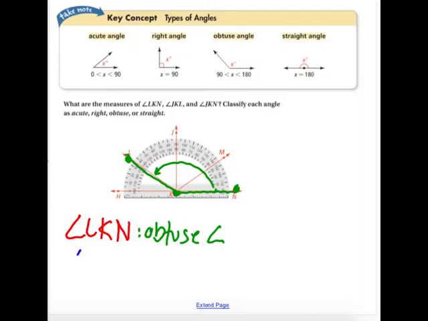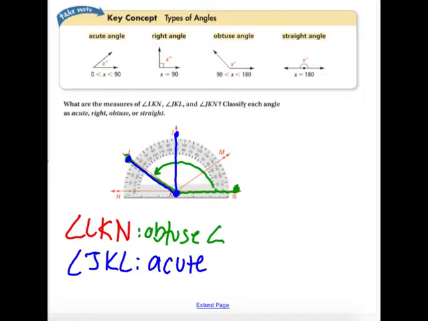Next one, we've got angle JKL. Here's J, K again, and L. So I have this angle. You can subtract the 90 from the 30-ish, or you can just kind of look at it. I know it's between 0 and 90, so this one is acute.